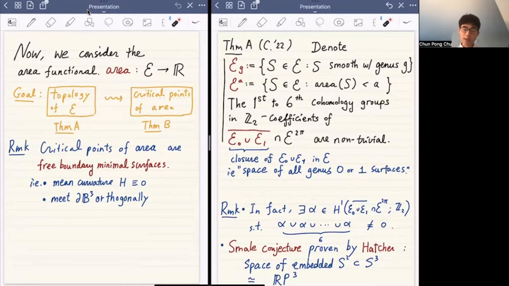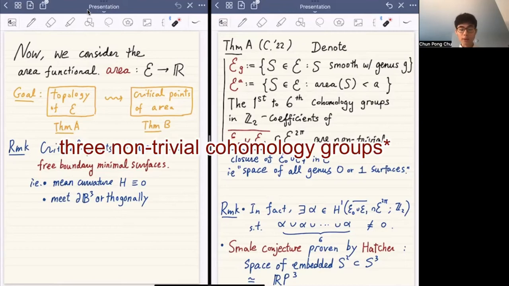So the subspace of great two-spheres, or equatorial two-spheres, that means. And that is a finite dimensional space, right? The space of all equatorial two-spheres in the three-sphere is just RP3. It's parameterized by the axis orthogonal to any particular two-sphere. So RP3 has 3 non-trivial cohomology groups, the first, the second, and the third one, right?